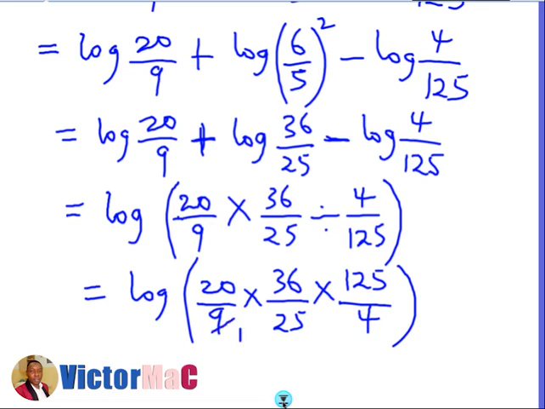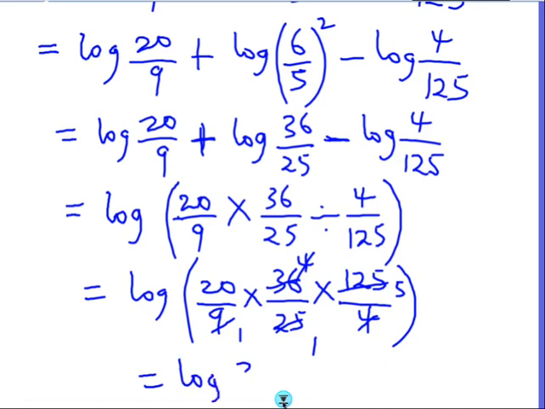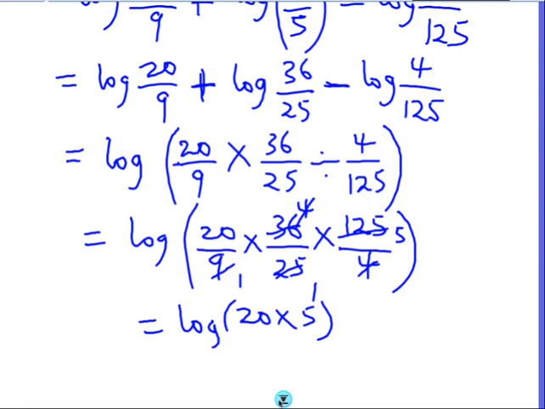Alright, so 9 here, 1, 9 is 36, divides 4 times, 4 divides 4, 25 is 5 times. So we're going to have, the leftover is 20 times 5. Alright, so it's like we're having this as log 100. Don't forget, we said our base is 10, so let's assign it here.